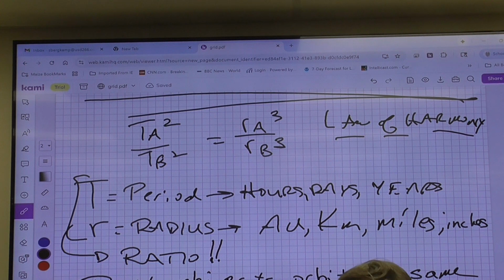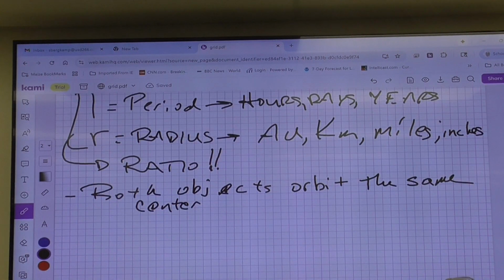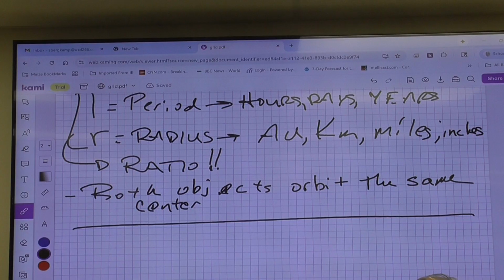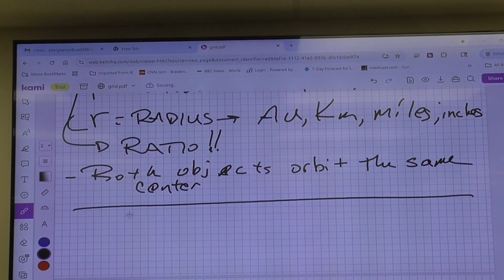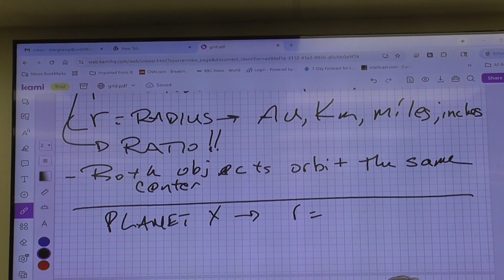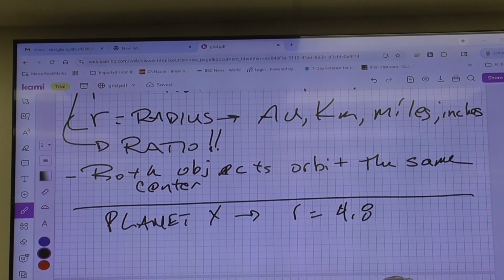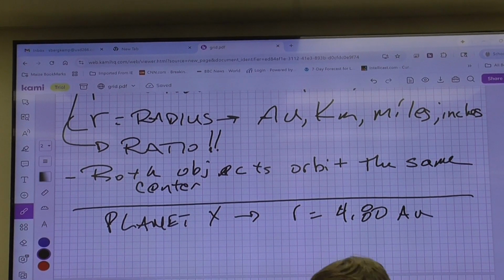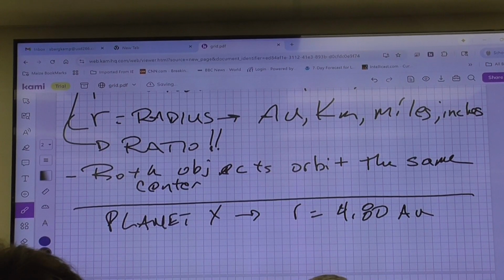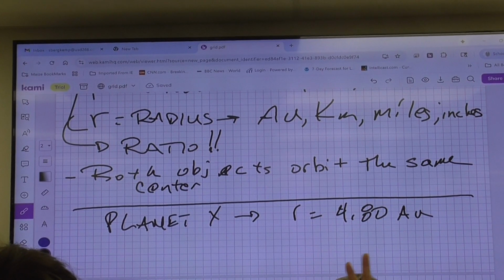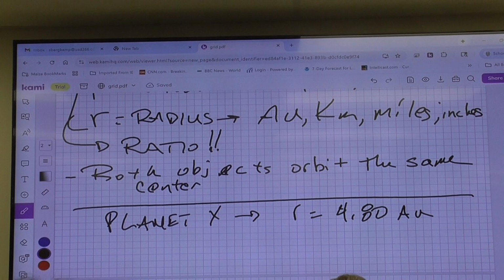So let me give you a simple example of how this would play out. Let's say you see a news flash come across your phone. Planet X has been discovered and it has a radius of 4.80 AUs. So they spotted a new planet, 4.80 astronomical units is its radius.